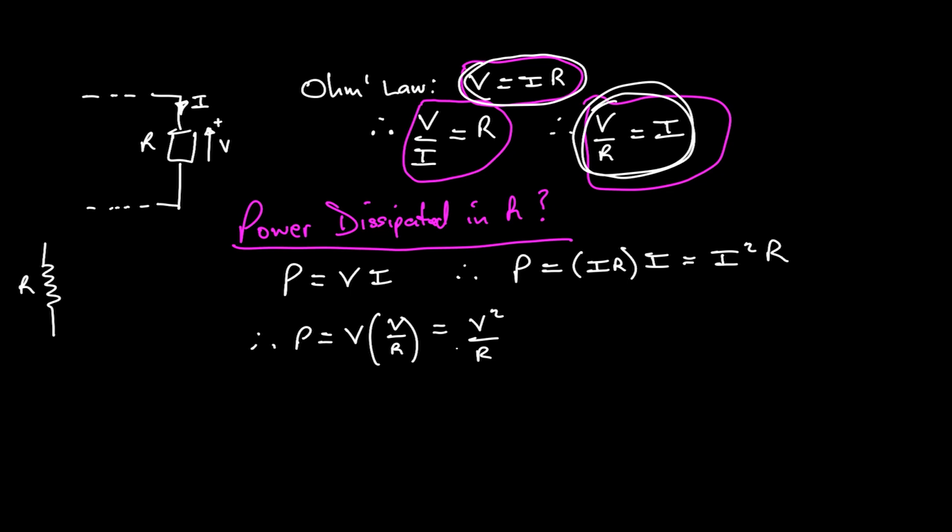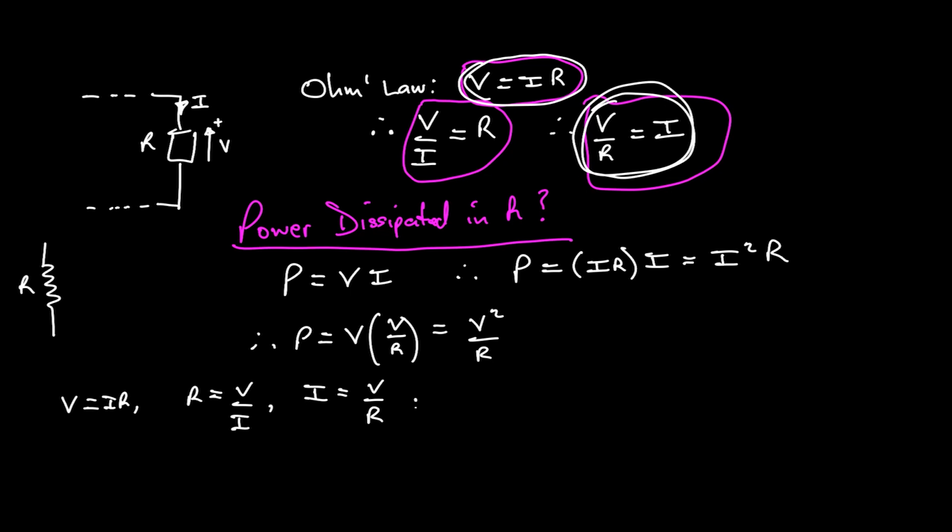Just to summarize then for Ohm's law, these six expressions are going to be really useful for you. V equals IR, R equals V over I, I equals V over R, just copying all these expressions at the top here.